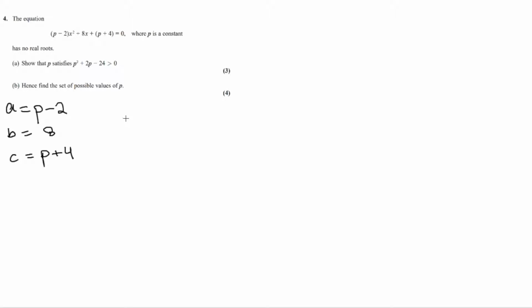The quadratic formula is x equals negative b plus or minus the root of b squared minus 4ac, divided by 2a. The part b squared minus 4ac is known as the discriminant.